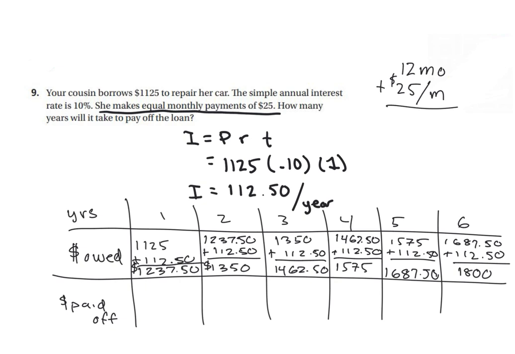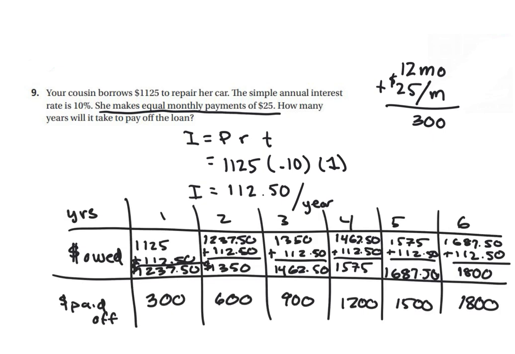So 12 times 25 will give us how much money we're going to pay in a year, which is $300. Okay, so in year 1, we'd pay off $300. In year 2, we could pay off $600, $900, $1,200, $1,500, $1,800.